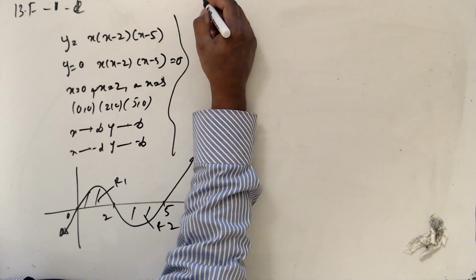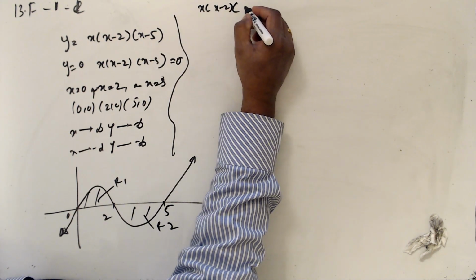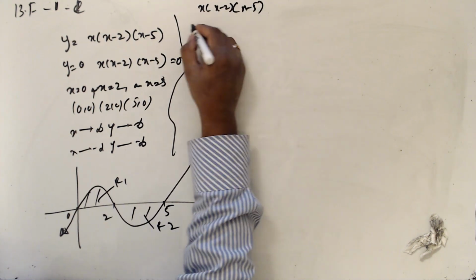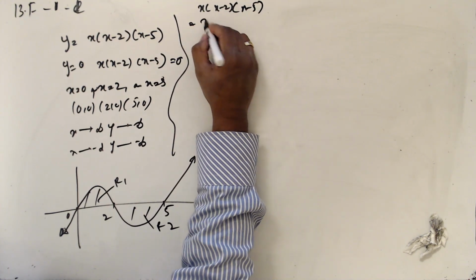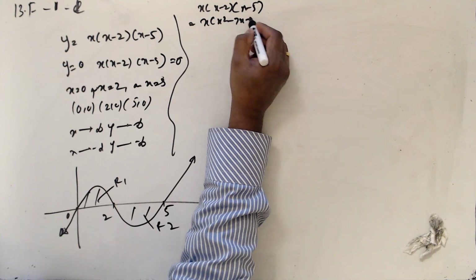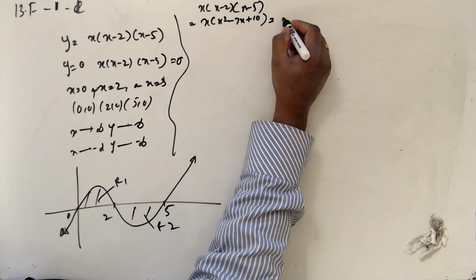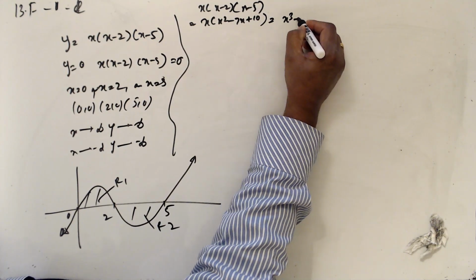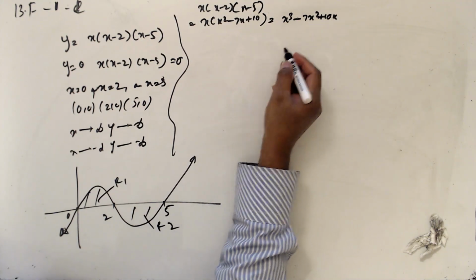First of all, we'll expand this one, x times x minus 2, x minus 5. So this is going to be x times x square minus 7x plus 10. So this is going to be x cube minus 7x square plus 10x.